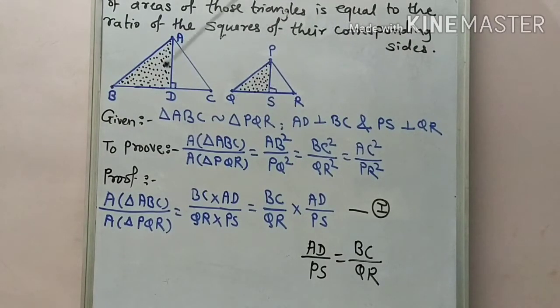But we cannot directly prove AD upon PS equal to BC upon QR, because BC and QR are not sides of these two triangles. So first we prove these two triangles are similar, and if they are similar, then corresponding sides are in proportion.